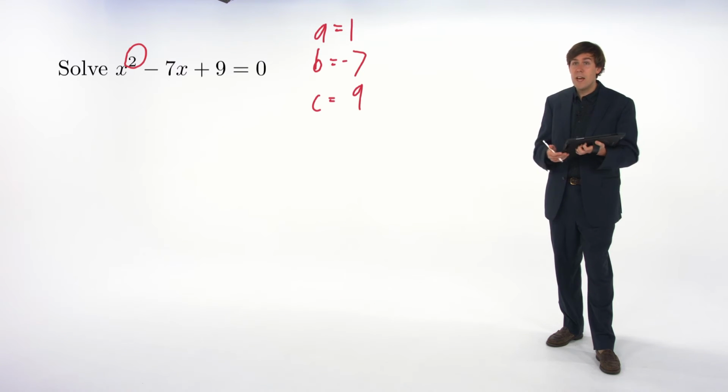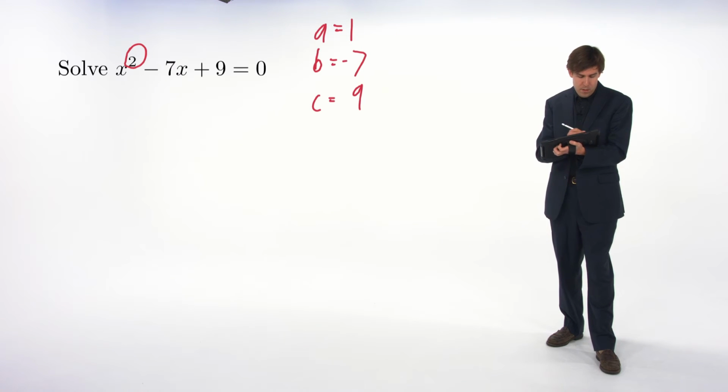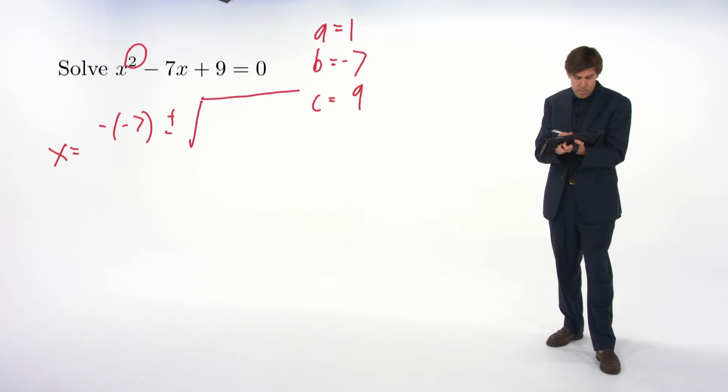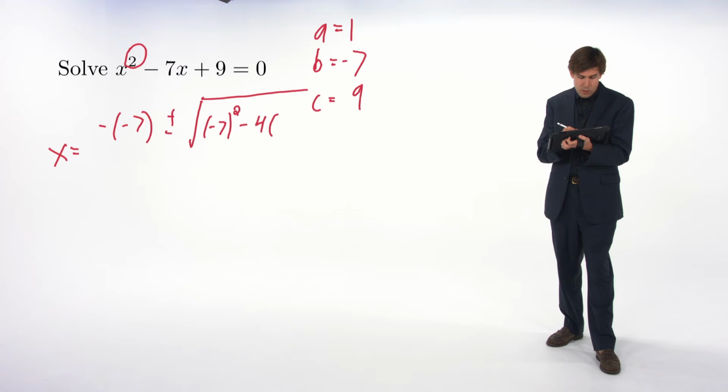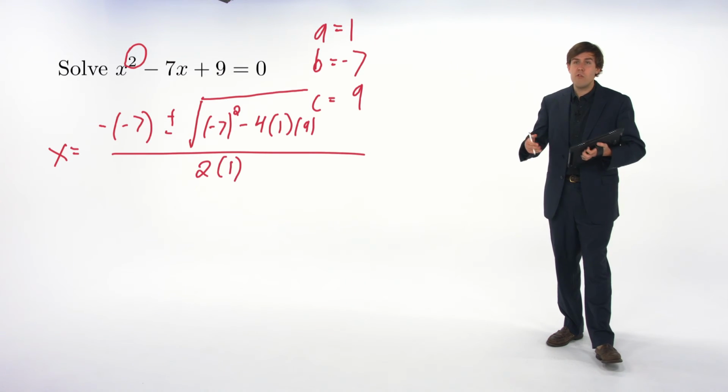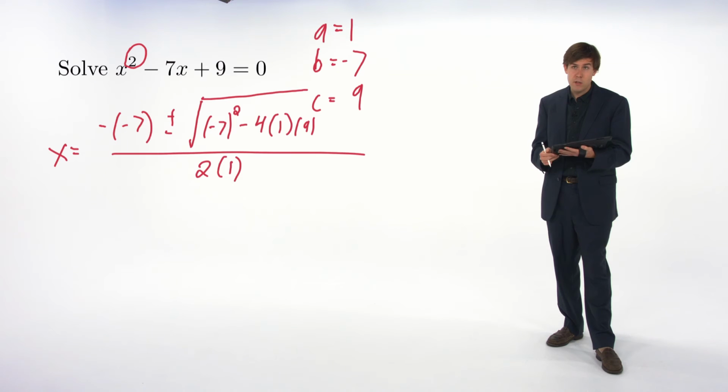So once I've written these down, I just plug them into the quadratic formula. So x equals negative b, so negative minus 7, plus or minus the square root of b squared, so minus 7 squared, minus 4 times a, which is 1, times 9, divided by 2 times a, which is 1. So all I have to do now is evaluate all of these little pieces.